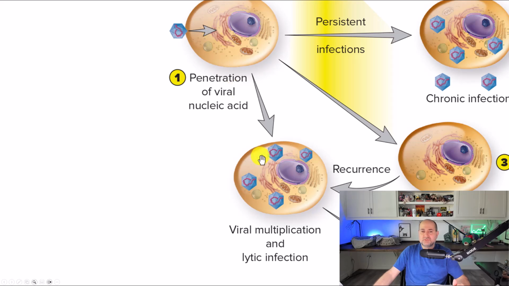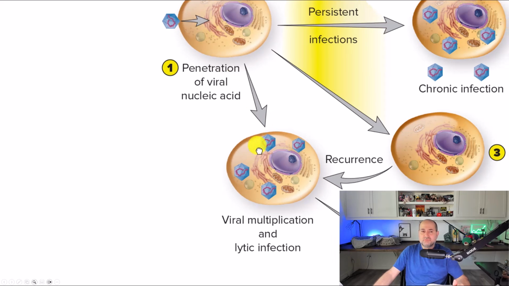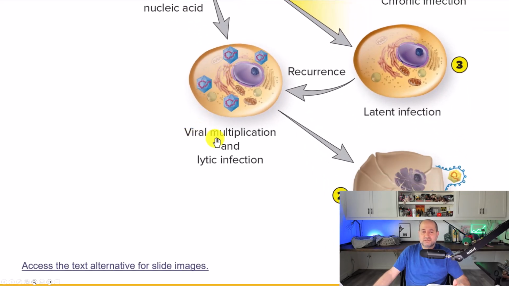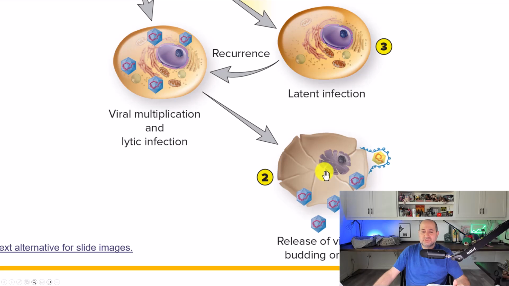This is the most typical effect, is when the virus results in viral multiplication and a lytic infection. That lytic infection destroys the cells, and the cells release virions. There are two ways by which cells release, either by completely lysing the cell or by budding.